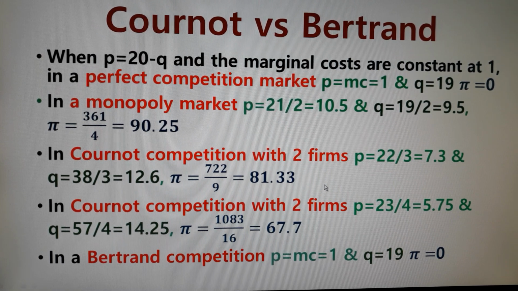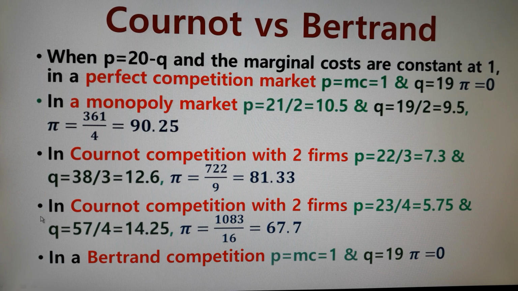How did I do that? Lots of calculation. With these numbers P and Q1 plus Q2, you calculate. Because P is 7.3 and the marginal cost is 1, every sale gives you 6.3, and the quantity is 12.6. So 6.3 multiplied by 12.6 would be approximately 81.